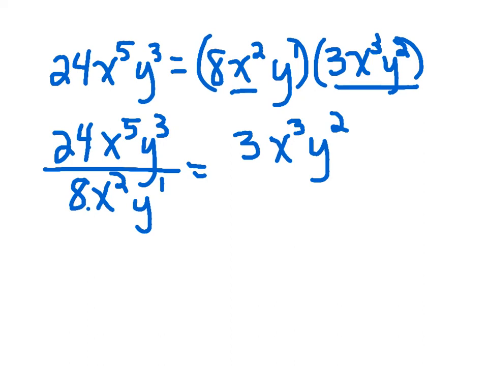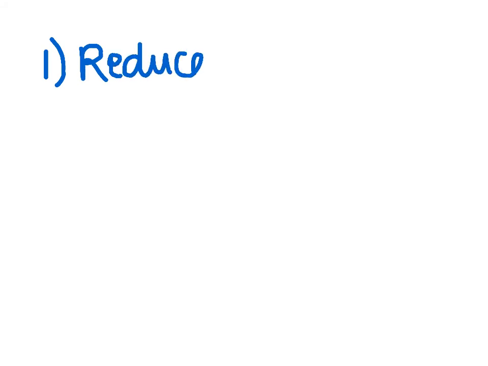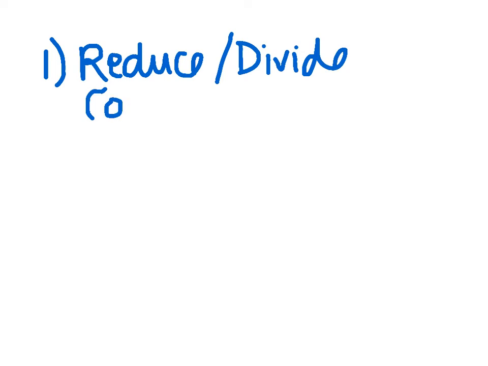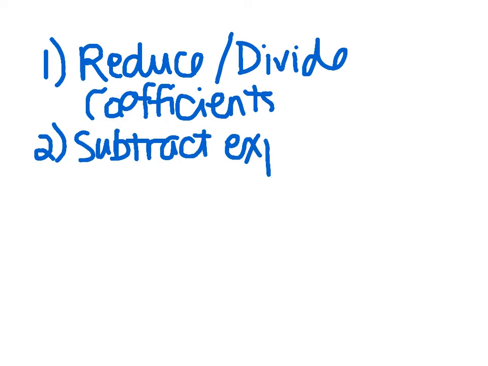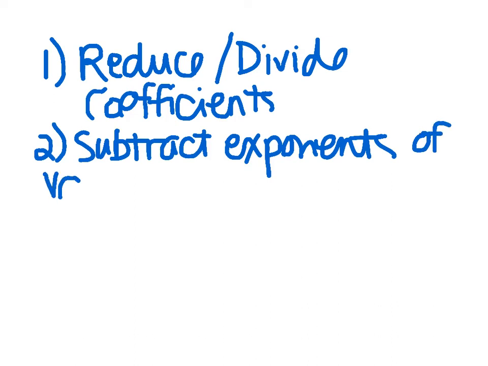So in summary, what we're doing when we're dividing monomials is the first thing you want to do is reduce or simplify. If it's a fraction, reduce or divide the coefficients. And here's my very unmathematical language: subtract the exponents of variables that are the same.